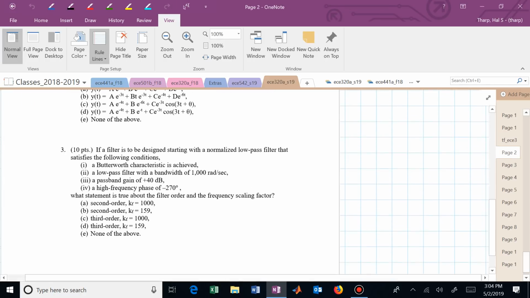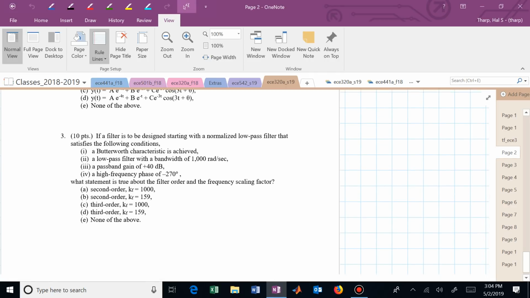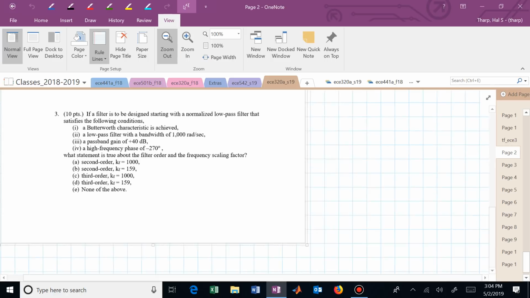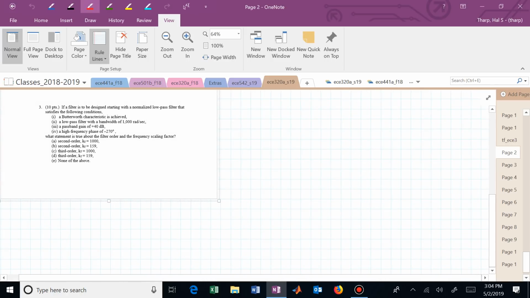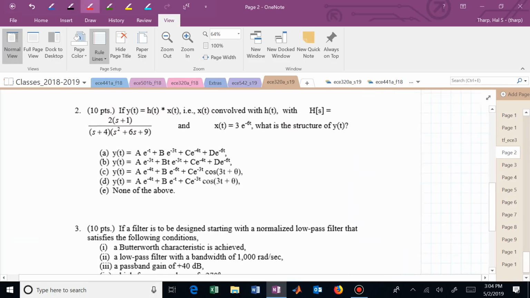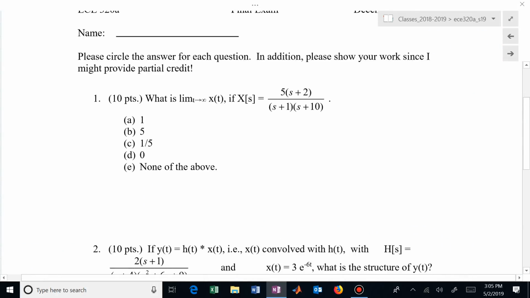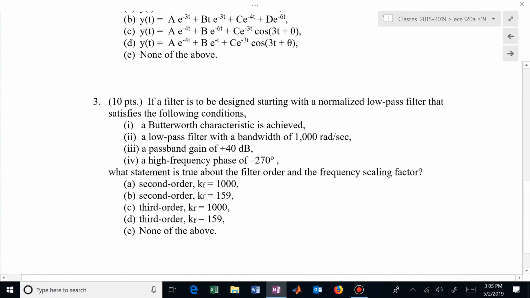Here's one that maybe you might be interested in. It's somewhat Bode plot, but it has a place in the question that was asked for reviewing on the final: how to identify filtering characteristics given a transfer function.